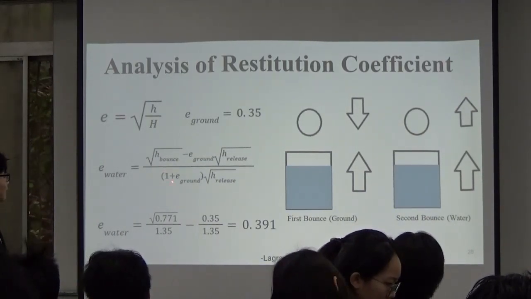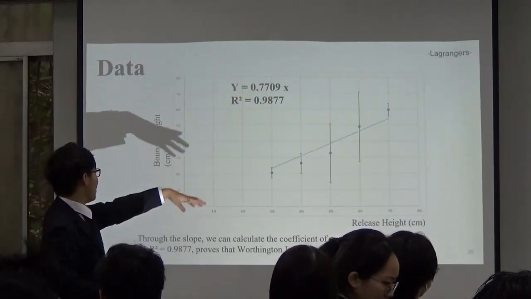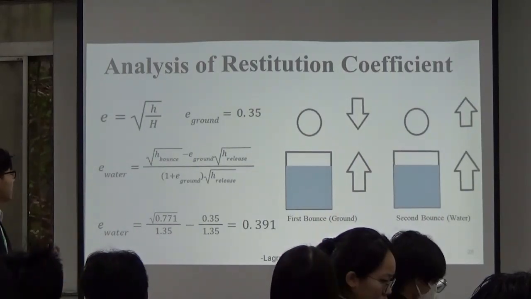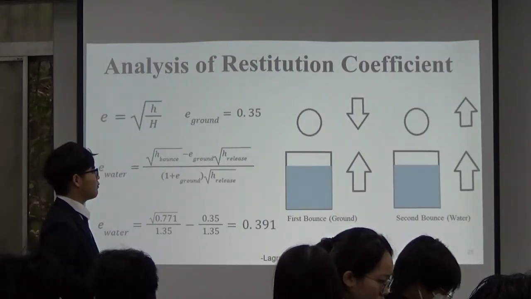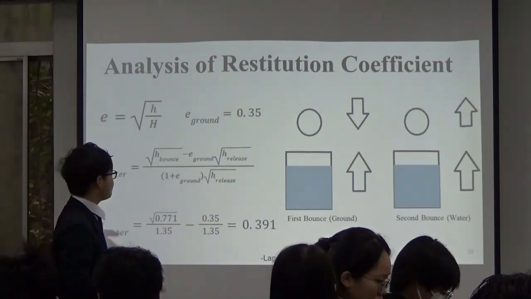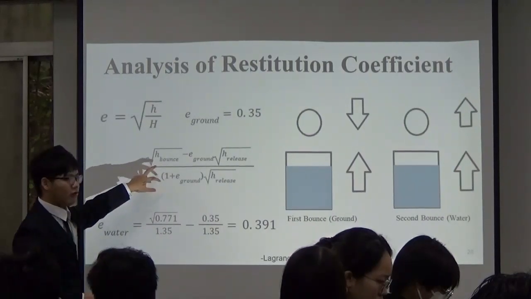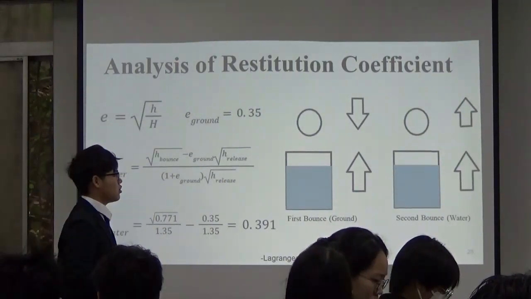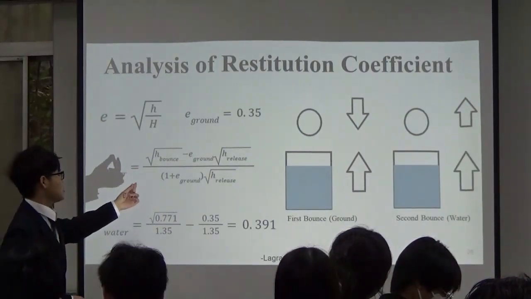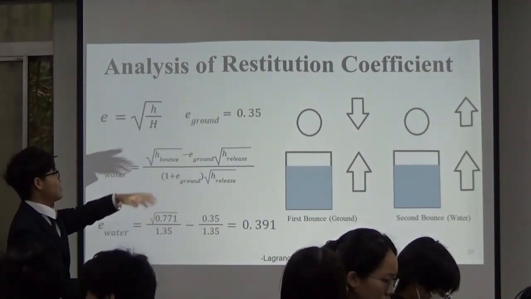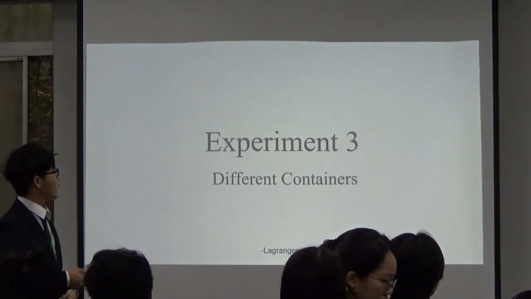With the bounce and release ratio, we put 0.771 inside of this formula, and we can calculate the coefficient of water as 0.391. So this formula of coefficient of restitution is actually calculated with the relative motion before and after the collision, as the relative motion is on the different side and the same side in these two formulas.